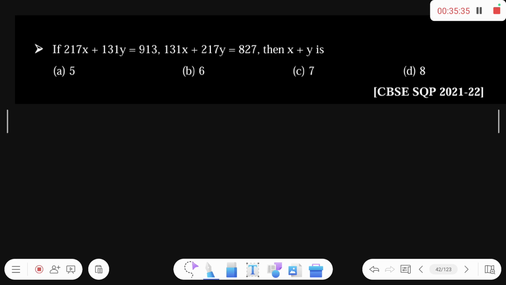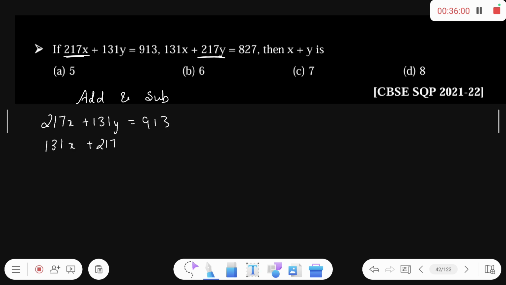Let's move to next. If 217, okay, this type of question, when the x coefficient becomes y coefficient of another. So solving them, the trick is first add the equations and then subtract. So 217x plus 131y is equal to 913, and 131x plus 217y is equal to 827.